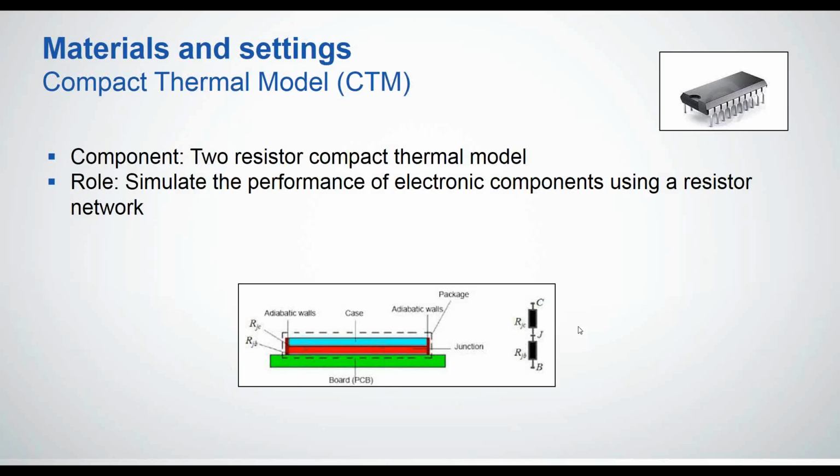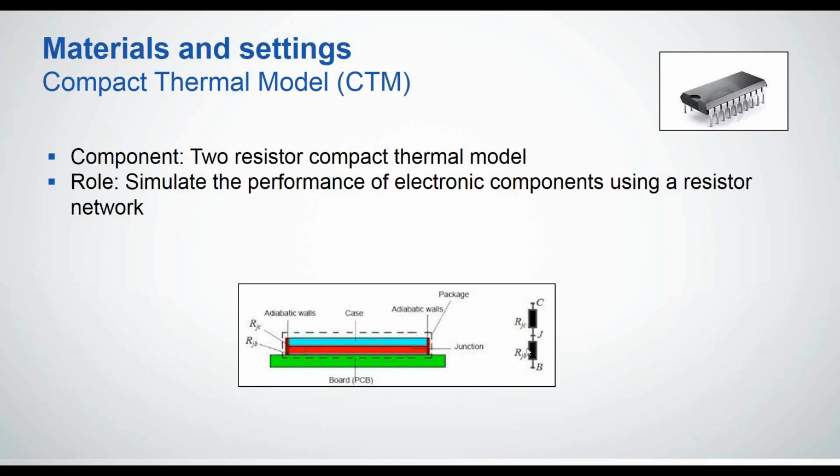The case is the top surface of the package, as you can see here, and is where a heatsink may be mounted to the package. The board node is a single point of contact between the board and the package. The nodes are connected by thermal resistance between the case and the junction, which is the RJC, and the resistance between the junction and the board, which is the RJB.